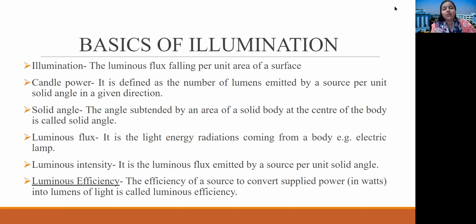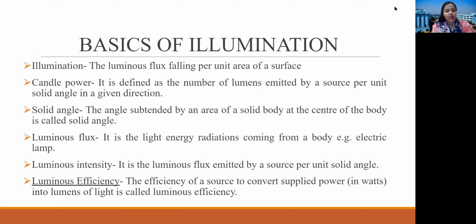In electrical engineering, we term that as current, as electrons. Now the same thing for a lamp is luminous flux. Luminous intensity is the luminous flux emitted per unit solid angle. So the amount of luminous flux per unit solid angle is defined as luminous intensity. Solid angle is denoted by omega.